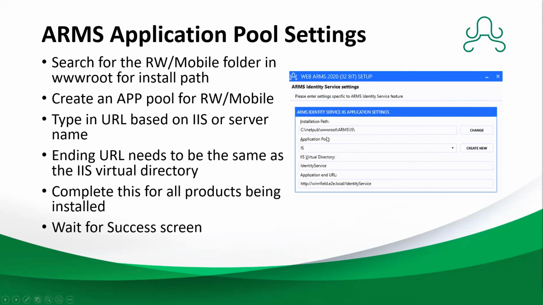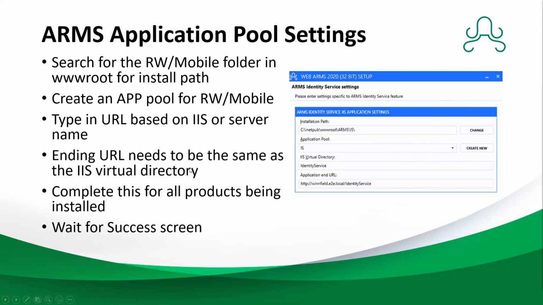So this is pulling from your IIS folder path, and you'll want to create a folder and an application pool for each one. So for application pool Identity Service, you'll create new and make it IIS for Identity Service. And then once that is done, you'll confirm that it's Identity Service down here in the IIS virtual directory.